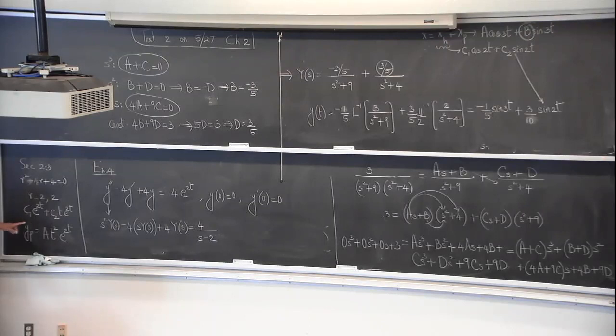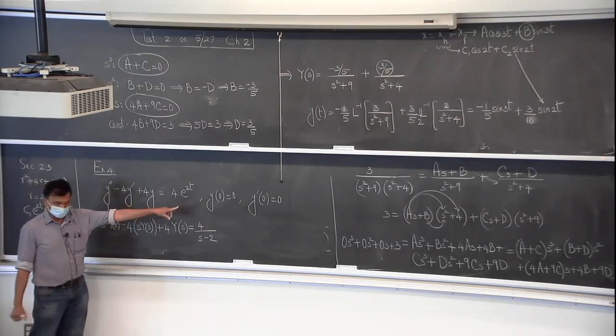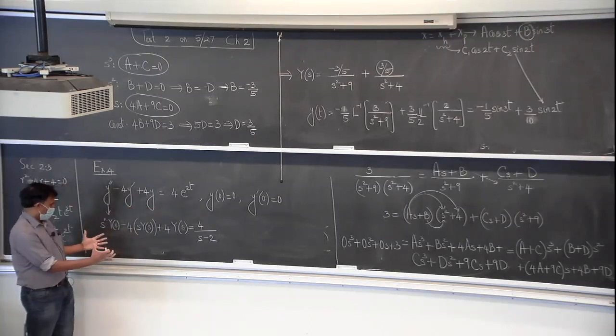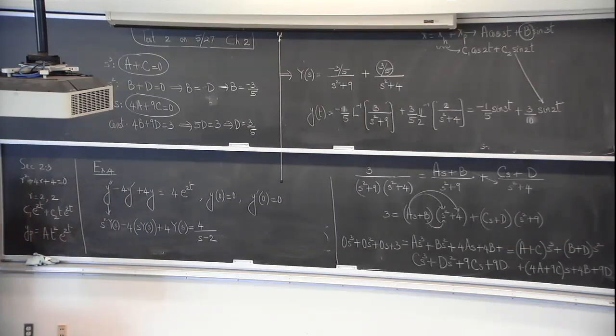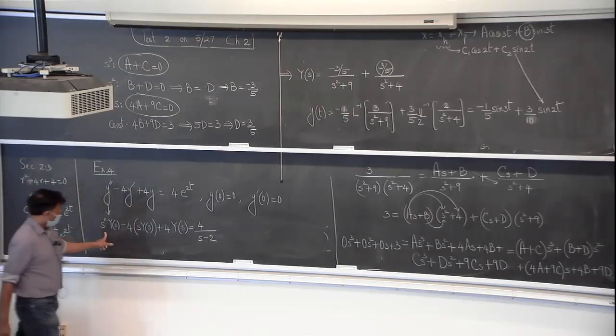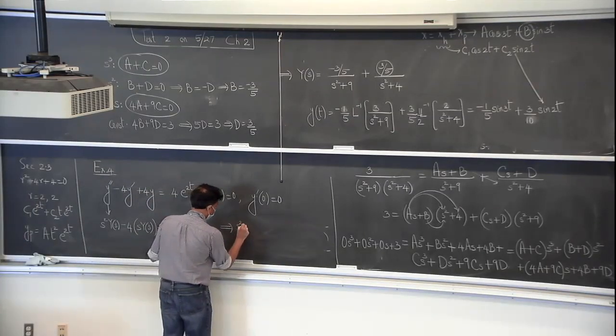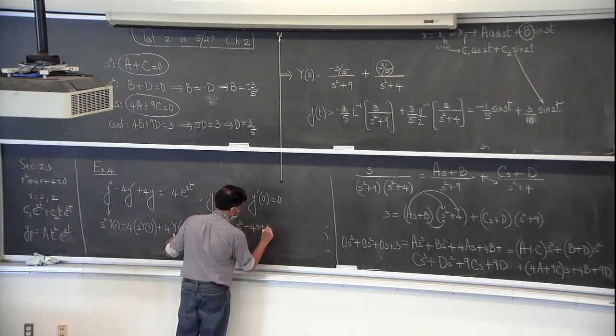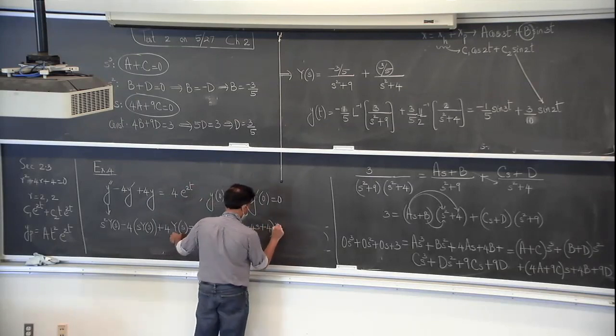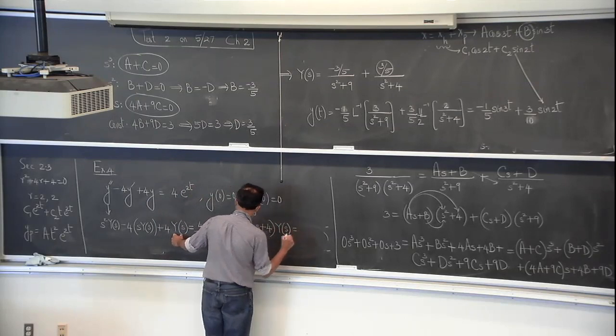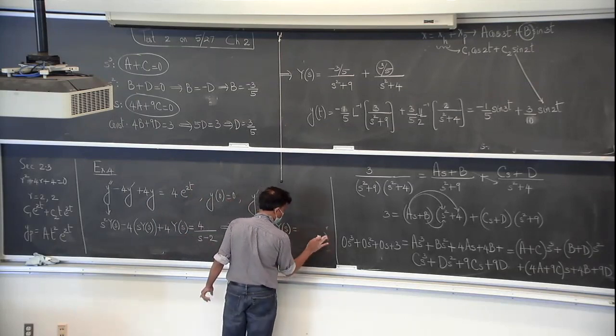Okay, that is written after plugging in the initial values. It looks incredibly compact because I did not plug in all the zeros. So we have s square minus 4s plus 4 times Y of s equal to 4 over s minus 2.